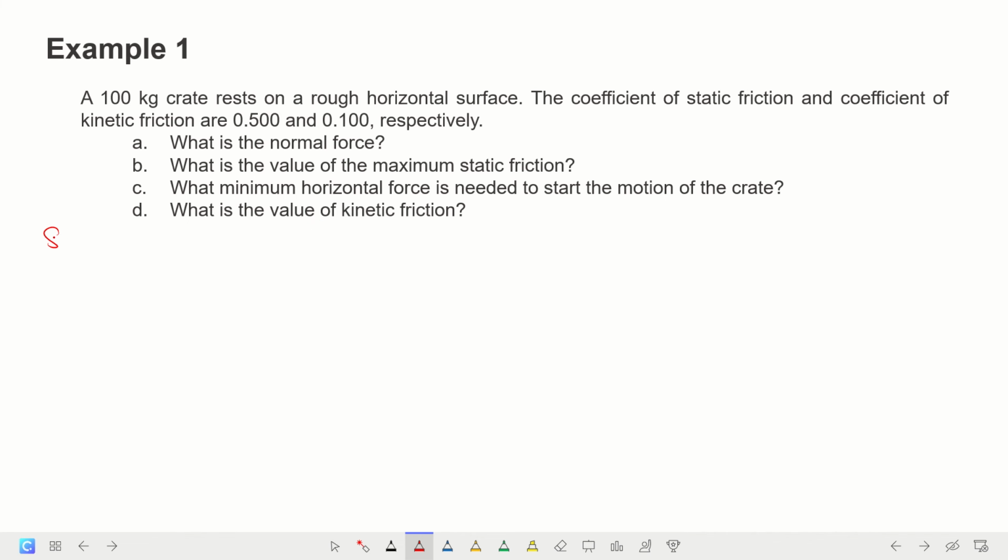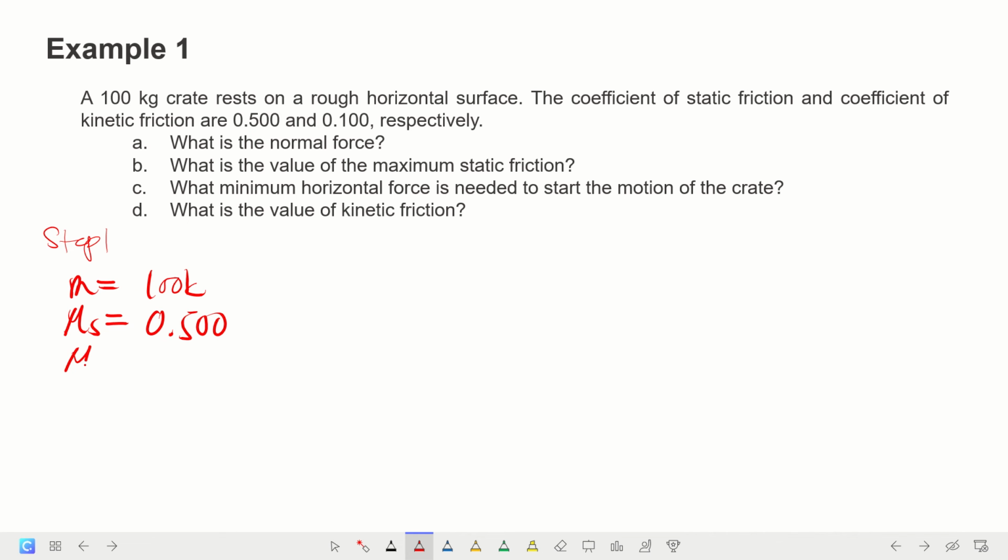So, step number 1, identify muna natin yung mga given. We have the mass of the body equal to 100 kilogram. The coefficient of static friction, mu sub s, is equal to 0.5.